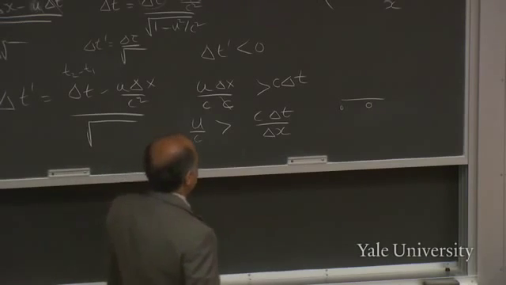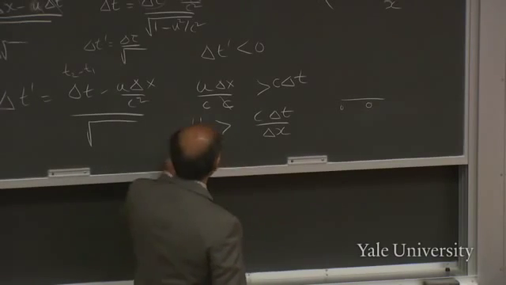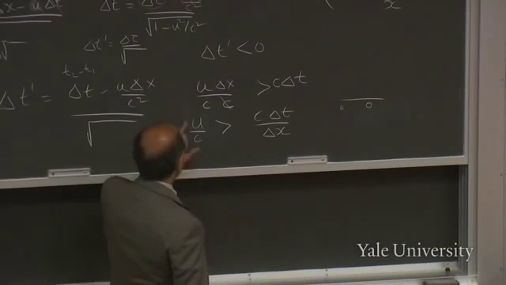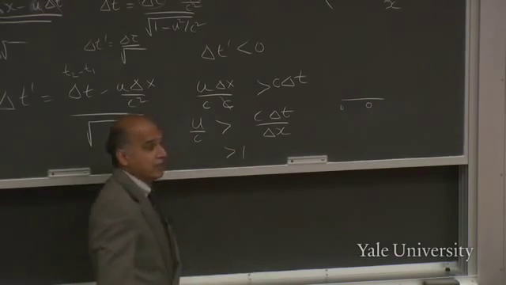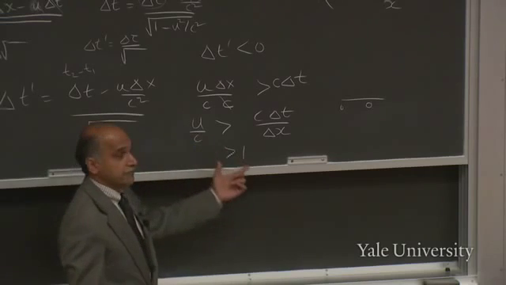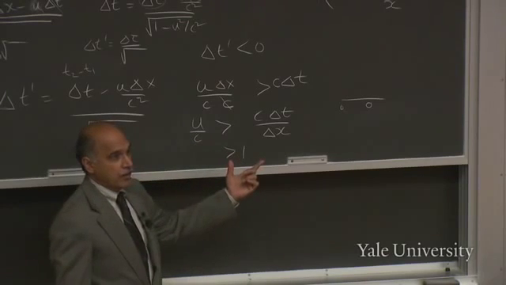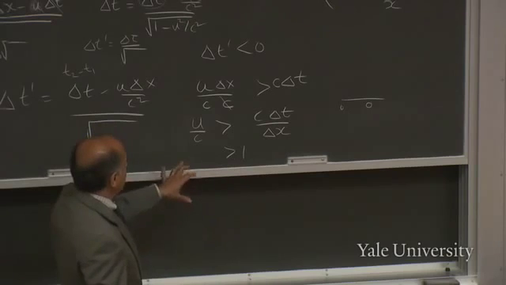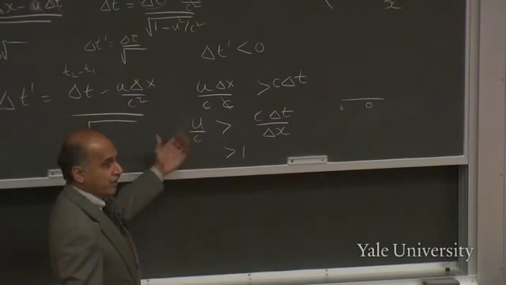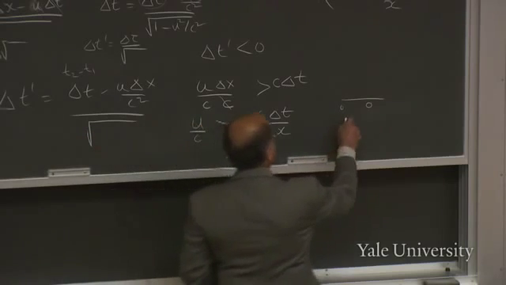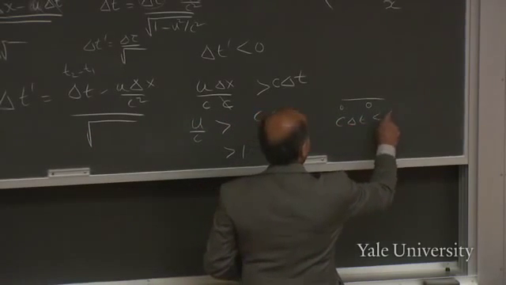In that case, c delta t will be bigger than delta x, but then the velocity that you want of your frame will be bigger than 1, and that's not possible in the units of speed of light. The only time you will get a sensible value for the second frame, namely with u over c less than 1, would be if c delta t is less than delta x.